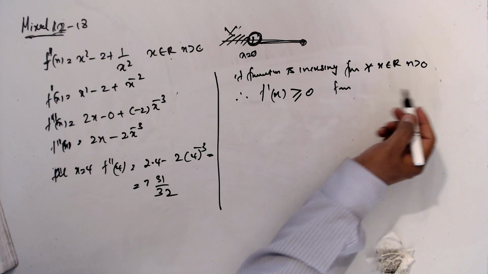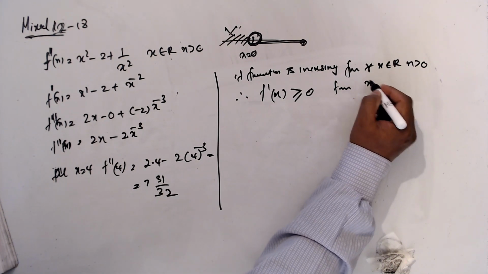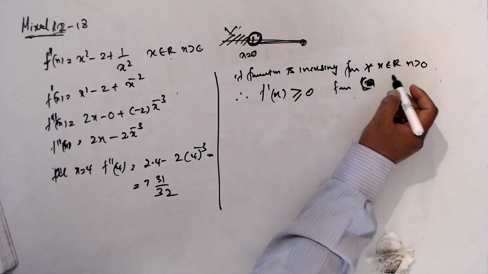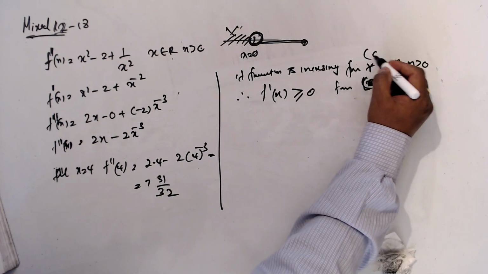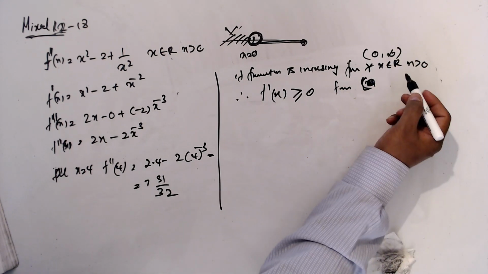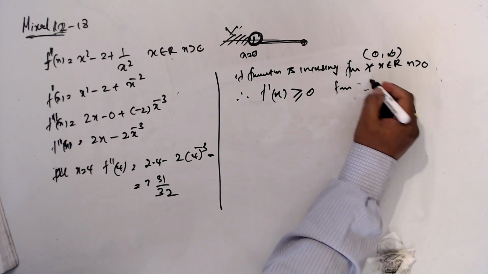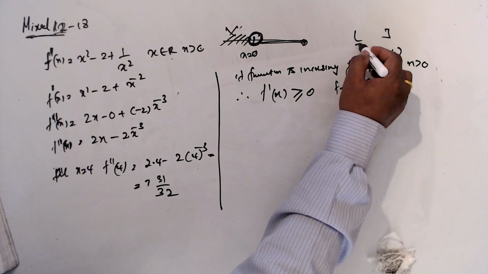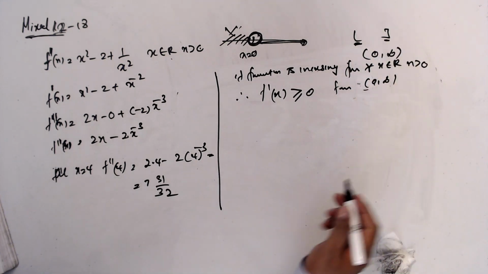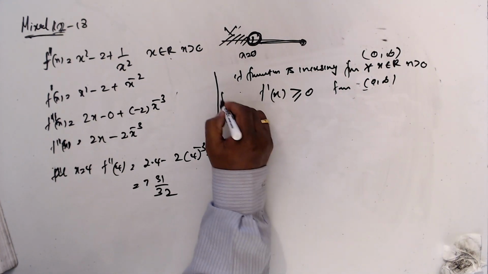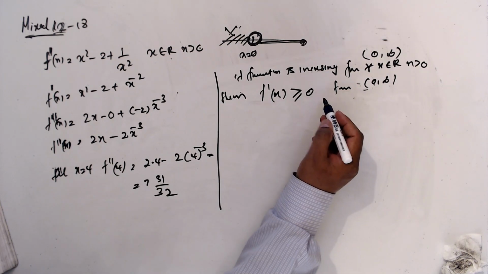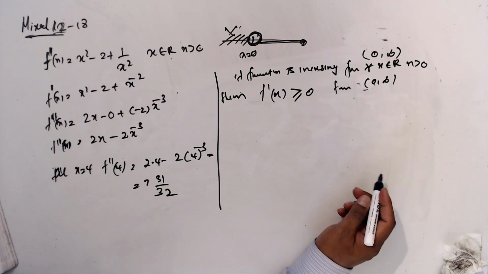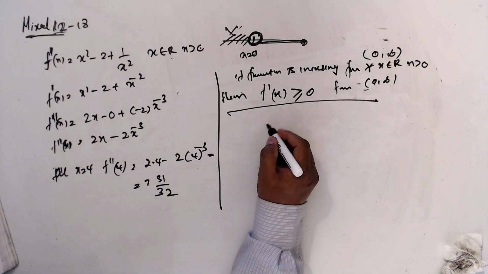You can write this as the open interval 0 to infinity. I can't write a square bracket because 0 is not included. So we want to show that f dash x is greater than or equal to 0.